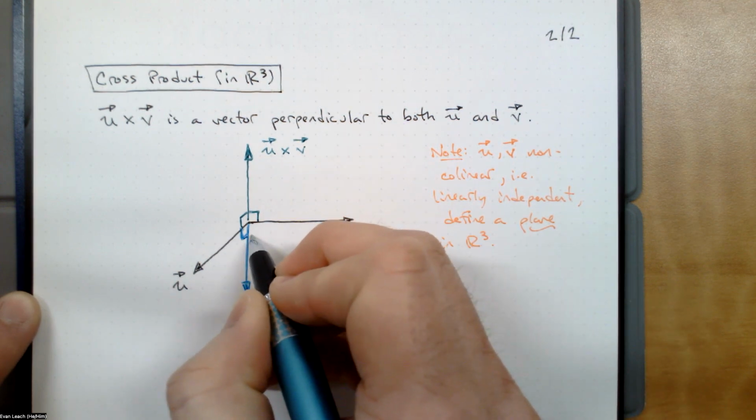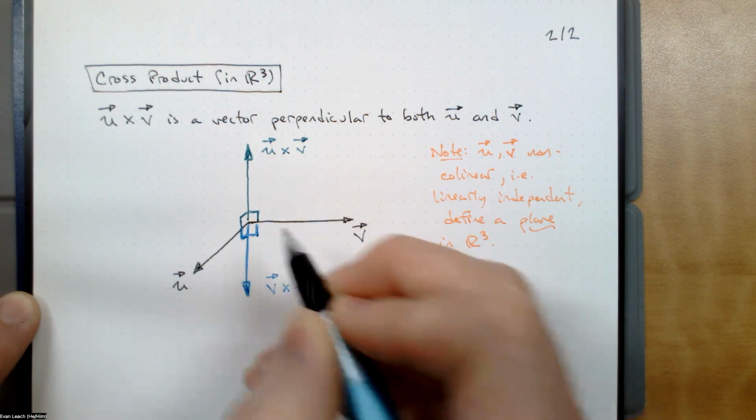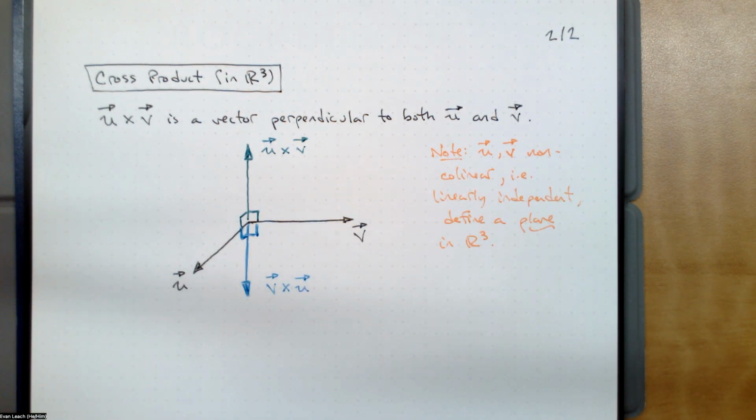It'll still be perpendicular to both U and V, but it'll go in the opposite direction. So that is an interesting thing.